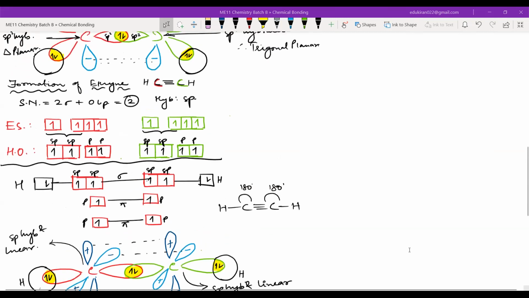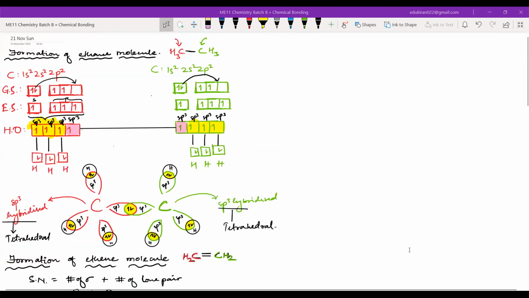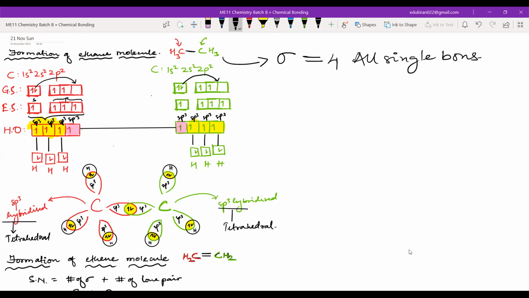Yes, sir. Okay. So please tell me, in the ethane molecule, how many sigma bonds were there for each carbon atom? 4. Right, 4 sigma bonds. That means all were single bonds, correct?